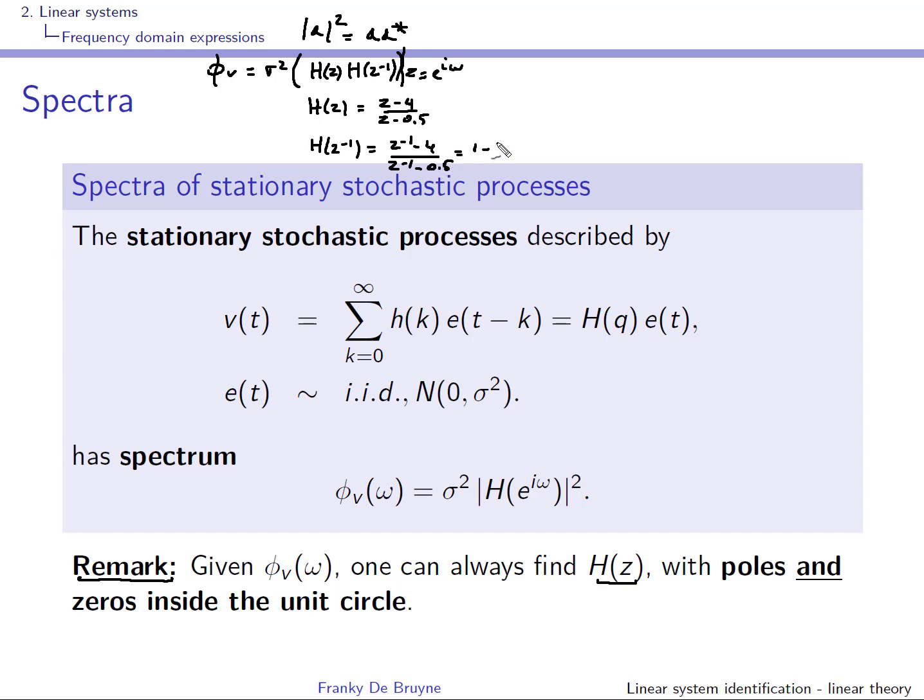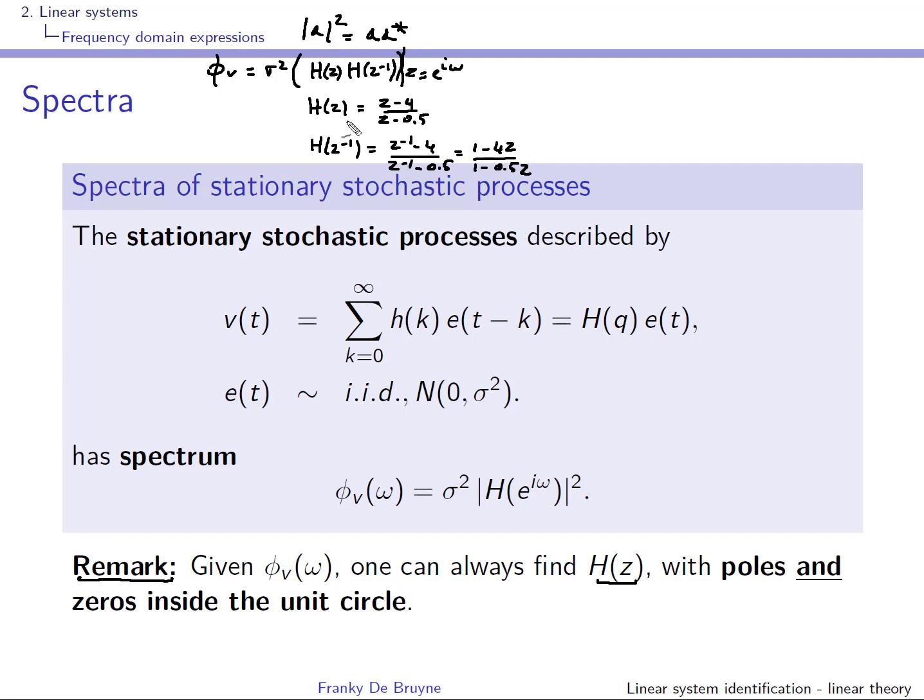So this is 1 minus 4z, and this is 1 minus 0.5z. So we multiply these two, we replace z by this quantity over here, and we have the spectrum.